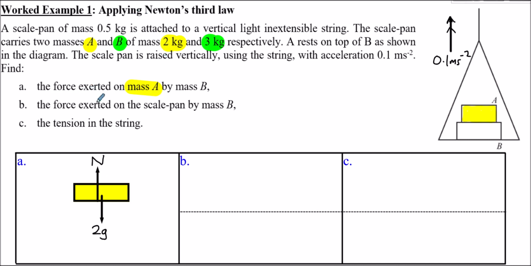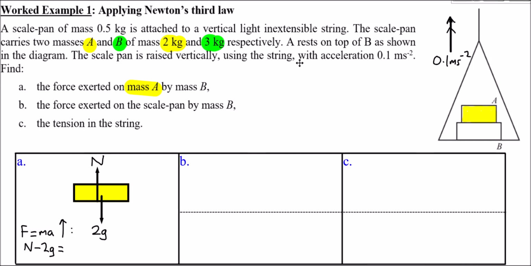So what we can do here is apply F equals ma, going upwards. The overall force going upwards is going to be N minus 2g. According to Newton's second law, that's going to equal the mass of A multiplied by the acceleration of A. Well, the whole system's accelerating at 0.1, so we may as well label in this acceleration to make it really clear.